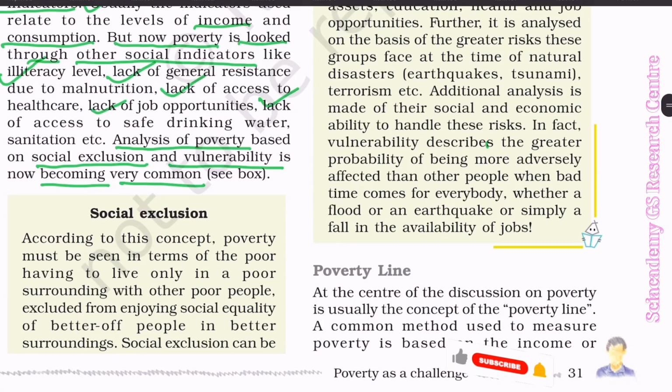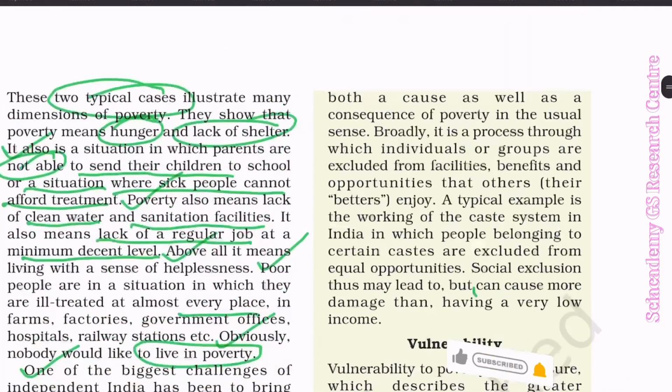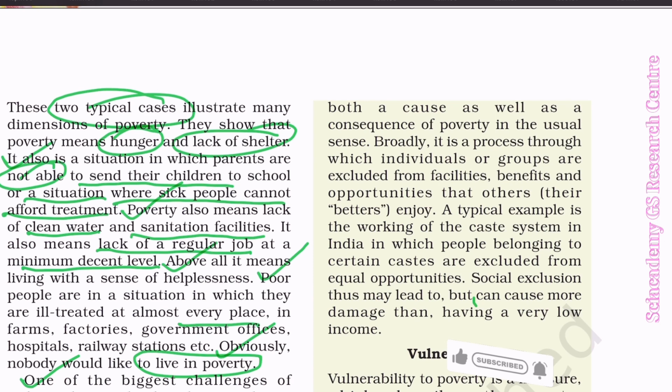Social exclusion. According to this concept, poverty must be seen in terms of the poor having to live only in a poor surrounding with other poor people, excluded from enjoying social equality of better off people in better surroundings. Social exclusion can be both a cause as well as a consequence of poverty in the usual sense.